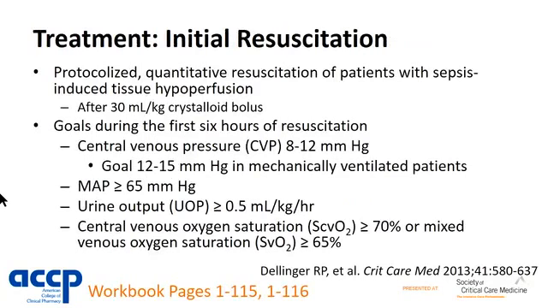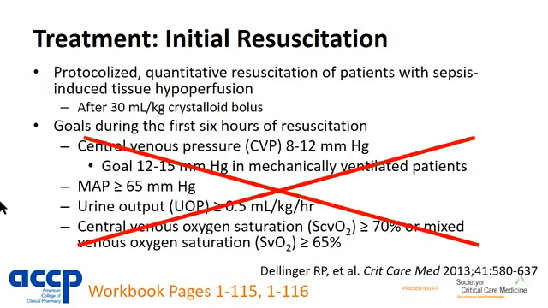The initial resuscitation of sepsis does involve quantitative resuscitation, at first starting with a 30 ml per kilo bolus. The guidelines that were published in 2013 discuss using CVP, MAP, urine output, and ScvO2, but these actually have been eliminated from the guidelines. There was an update that was published, at least online, by Surviving Sepsis Campaign almost a year ago now, in April of 2015.